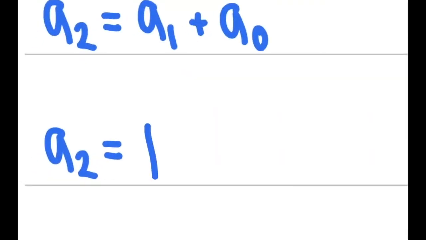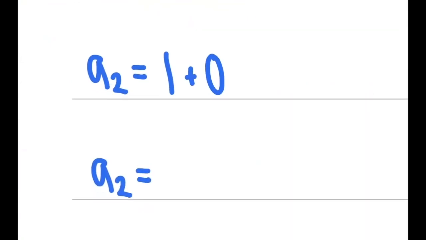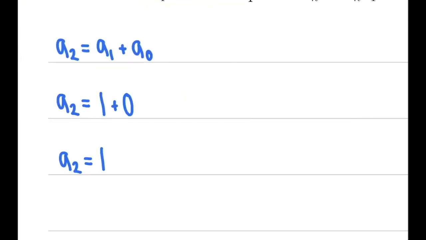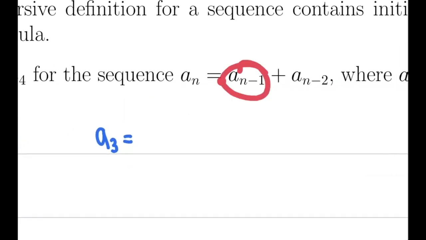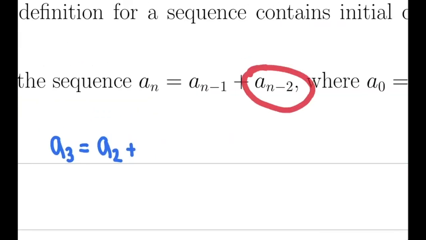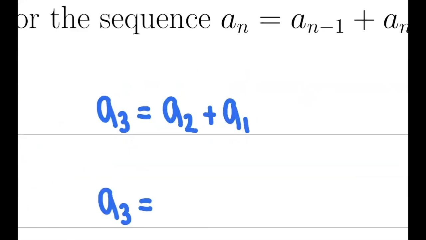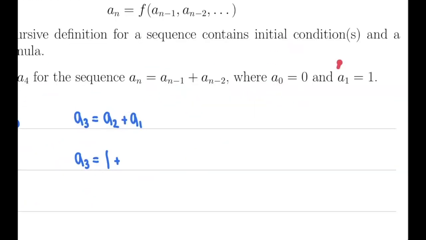So we have 1 plus 0. So that means a2 equals 1. So now that we have a2, let's find a3. So a3, when n equals 3, a sub 3 minus 1, that's a2, and a sub 3 minus 2, that's a1. So a2, we just figured out, is 1, and a1 is given as 1.